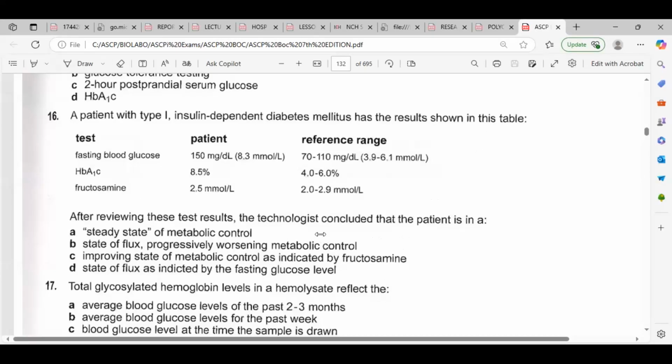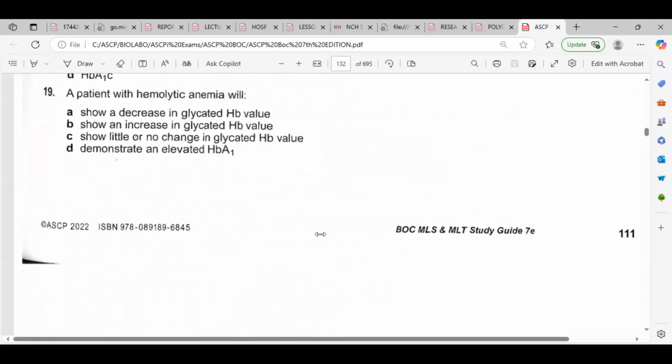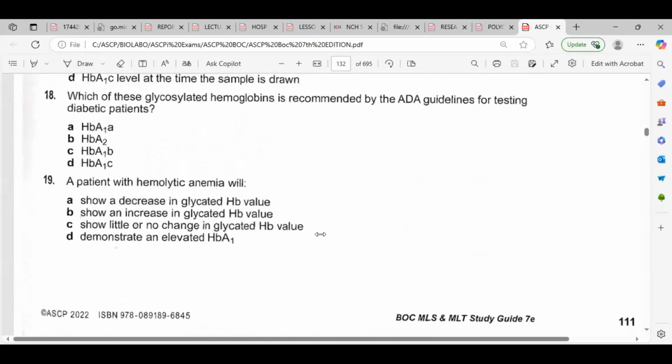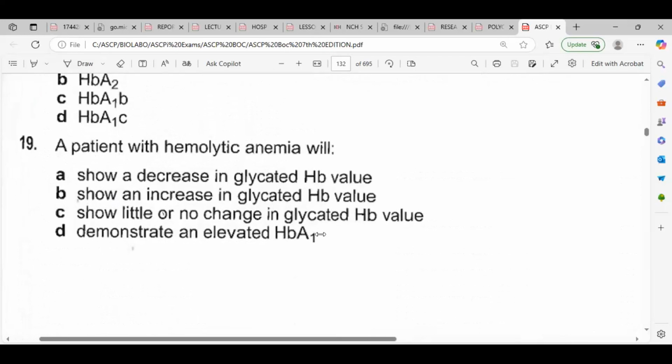Okay, so now let's jump to the next question. This one I think was also a bit complicating. Yes, this one is what I also chose because it was a bit demanding. So we have question number 19, where they're asking about hemolytic anemia with glucose level.